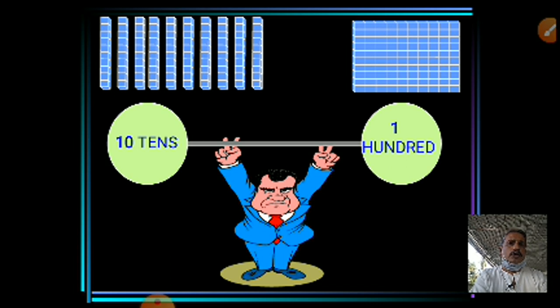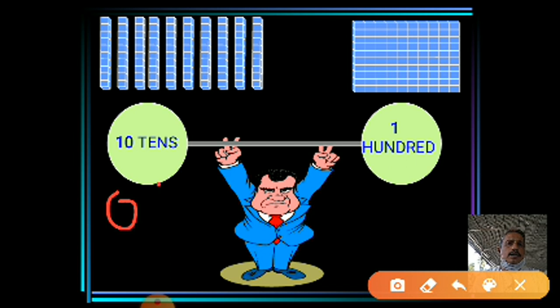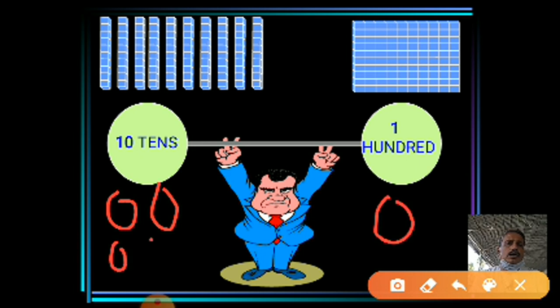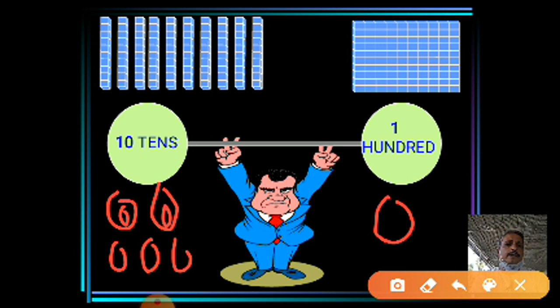So, this fellow is showing us weightlifting with 10 kgs on the left side and 100 kg on the right side. So, both are equal. Is it beta?